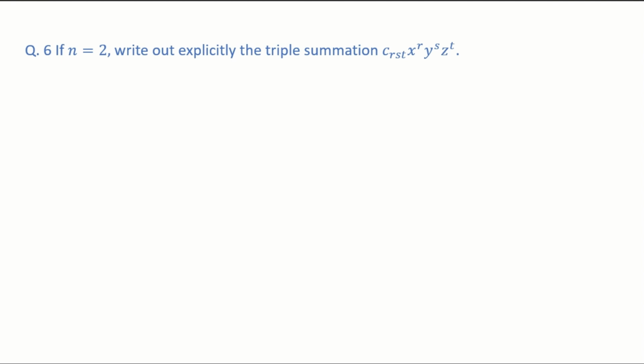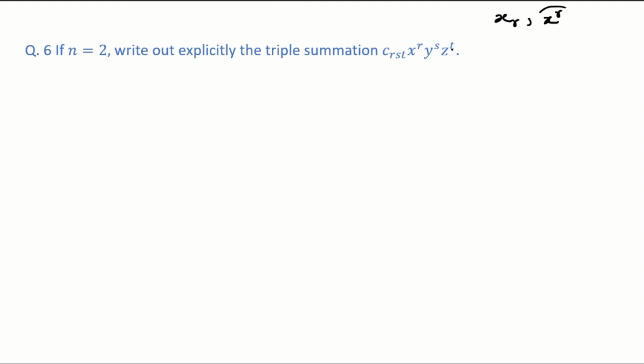If n equals 2, write out explicitly the triple summation. So here you have to expand this expression. In this expression r, s, t are the indices, as you can see. So c subscript rst, and here x superscript r, y superscript s, z superscript t. In tensor analysis we write variable components in the form of subscripts, or sometimes superscripts.